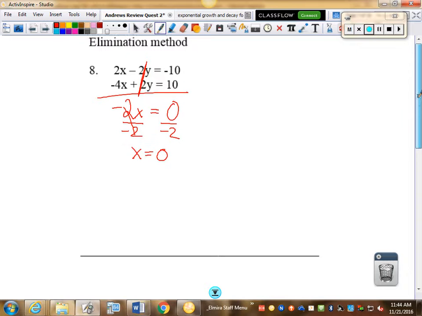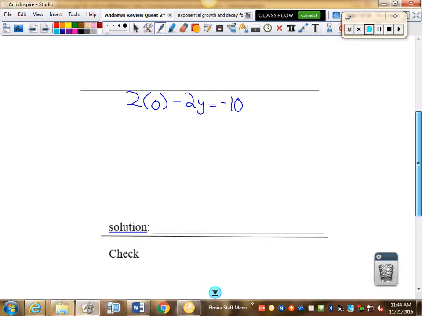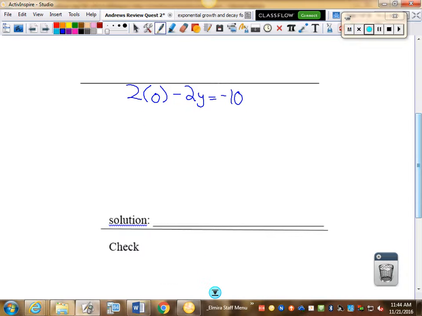we're going to take our 0 and sub it in. So 2 times 0 minus 2y equals negative 10. Well, 2 times 0 is 0, equals negative 10.